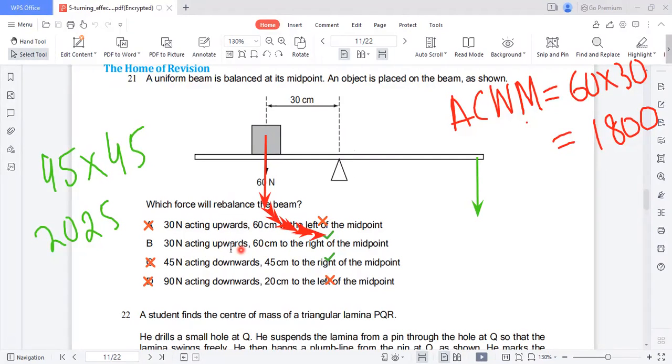Here I made a mistake. 30 Newton force is upward on the right hand side. This is not downward force. It's actually an upward force. If it would be an upward force, that's useless.